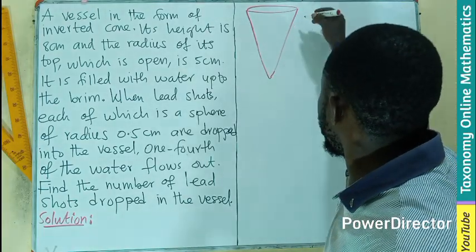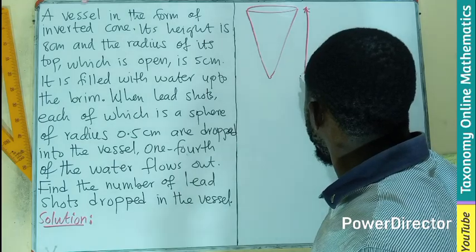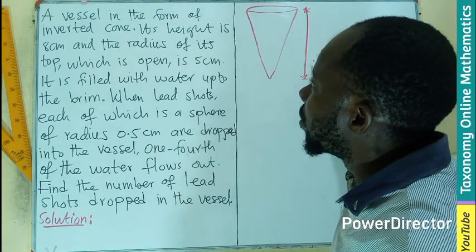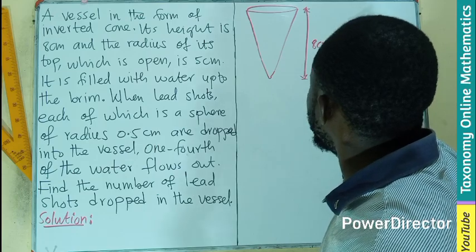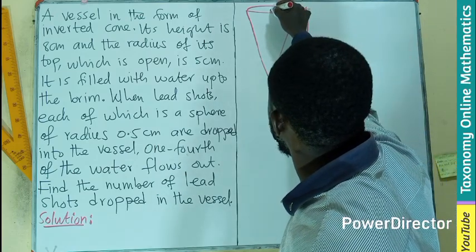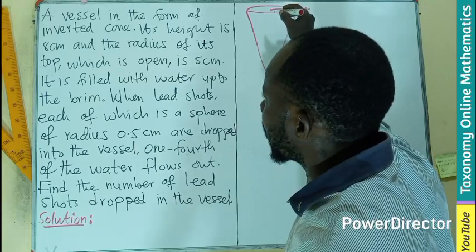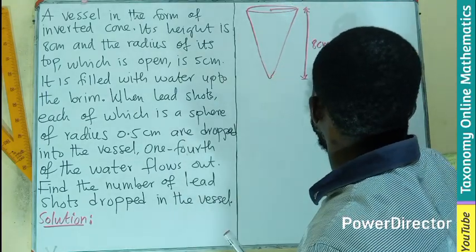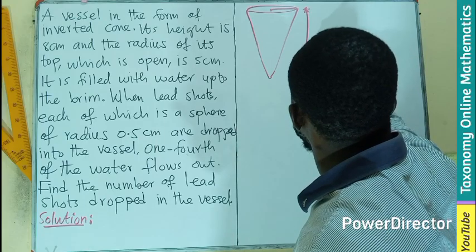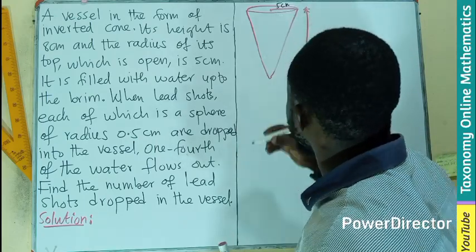Then we also know the height of this inverted cone, 8 centimeters. We know the radius of the top, which is open, as 5 centimeters. Let me use a different marker. So this is going to be 8 centimeters, 5 centimeters.